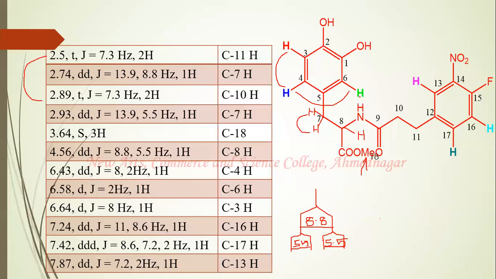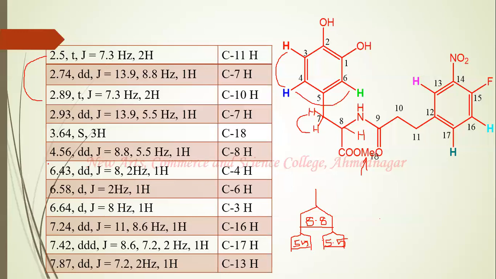Therefore, the proton present on C6 will have only a doublet with 2 hertz coupling constant value. 6.64 doublet with J is equal to 8 hertz for one proton is because of the C3 proton. C3 proton has only an ortho coupling partner, no meta partners are present, so its doublet is with the 8 hertz because of the ortho coupling.